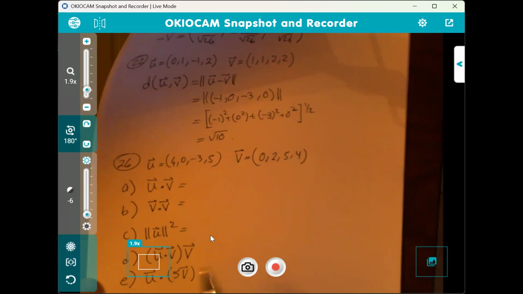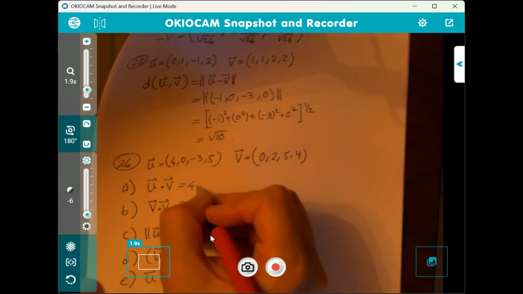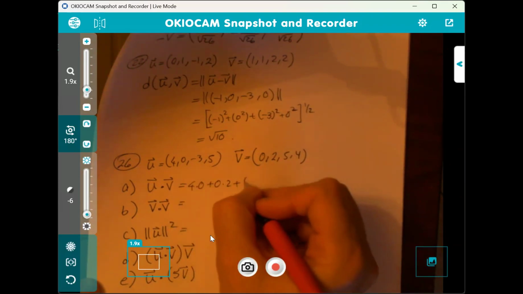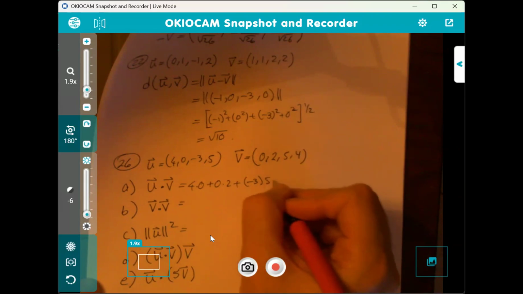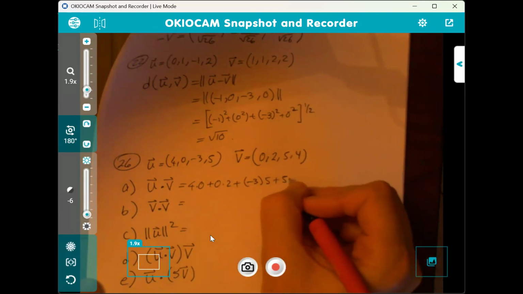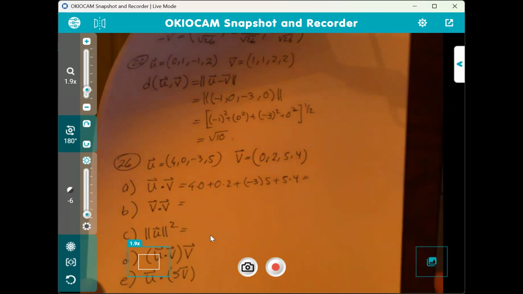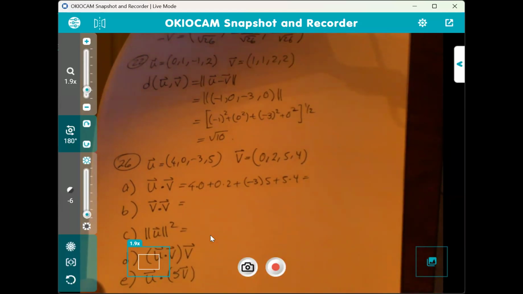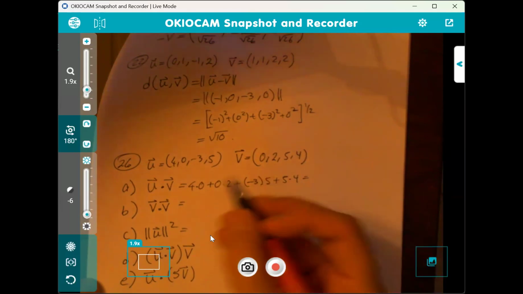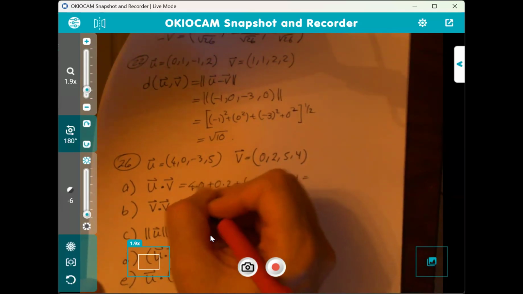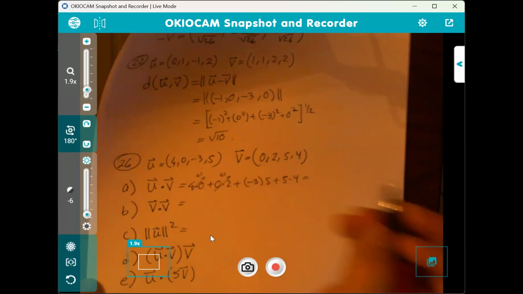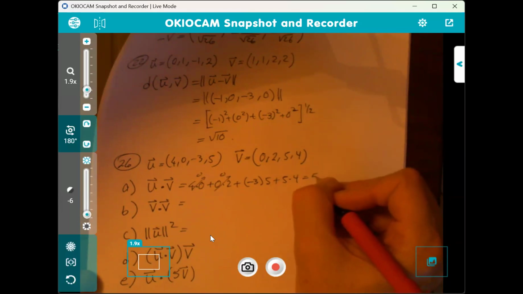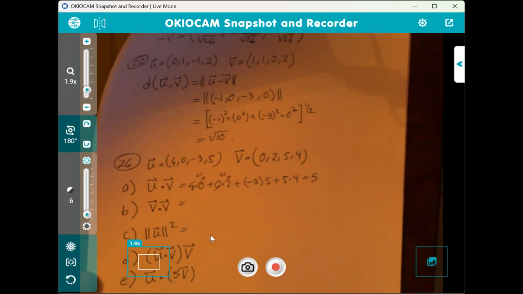So that's going to be 4 times 0 plus 0 times 2 plus negative 3 times 5 plus 5 times 4. At this point, it's like, well, what is this number? Just think of it as multiplying two vectors. That's the best we can think of. 4 times 0 is 0, 0 times 2 is 0, negative 3 times 5 is negative 15, and 20. The answer will be 5, a scalar.